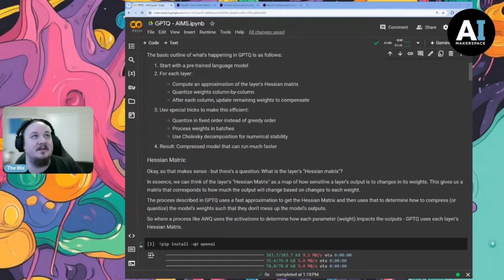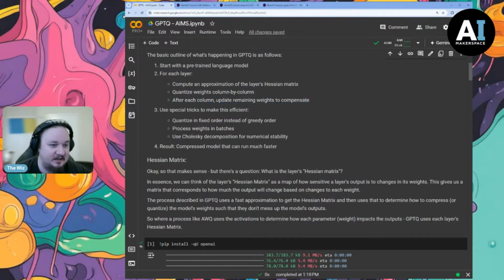So if we have a number of transformer blocks, those are each going to have their own layers, which is classic. We're also going to quantize those column by column using this Hessian matrix, as Greg talked about. And after each column, we update the remaining weights to compensate.